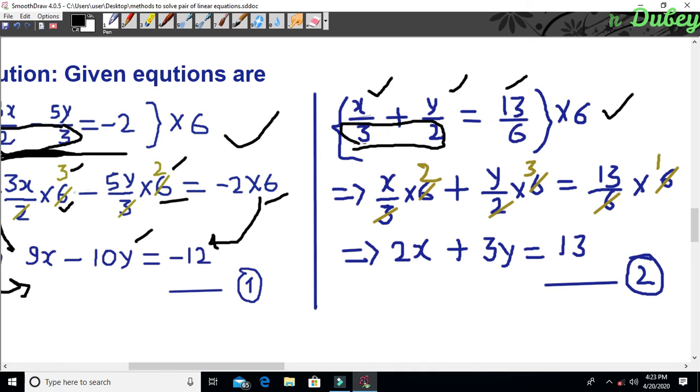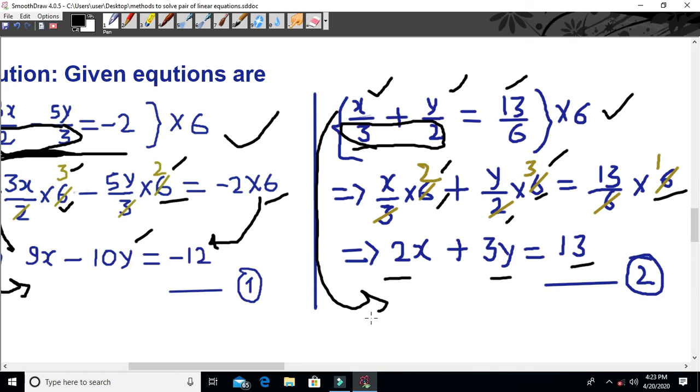So we multiply 6 on the LHS and RHS both. 3 2s are 6, so we can cancel this one, and this one also. So finally you have 2x plus 3y is equal to 13. In this way you can convert the equation from rational form to this form, and then you can solve.